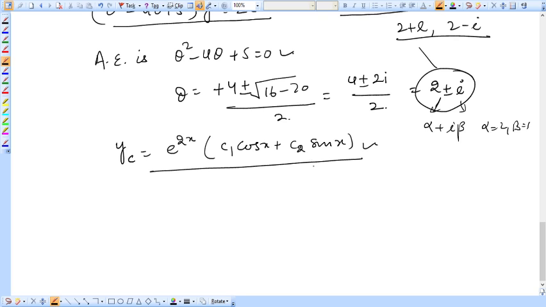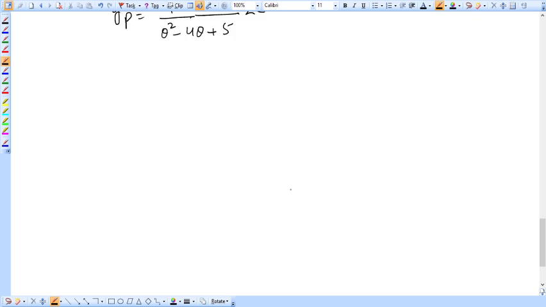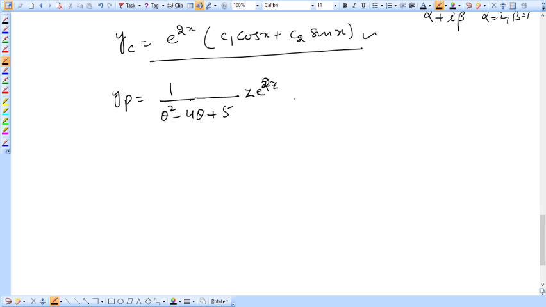Now we want to find the particular integral. So we know the particular integral is equal to 1 over theta square minus 4 theta plus 5, acting on z e to the 2z. As you can see, we have a multiplication of two functions here, e to the 2z and z, right?